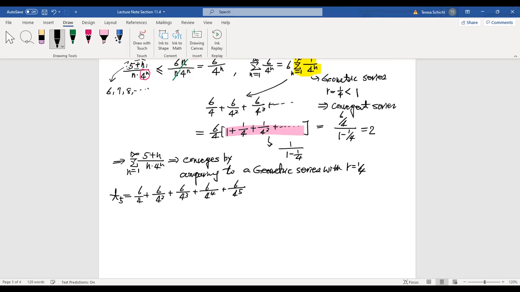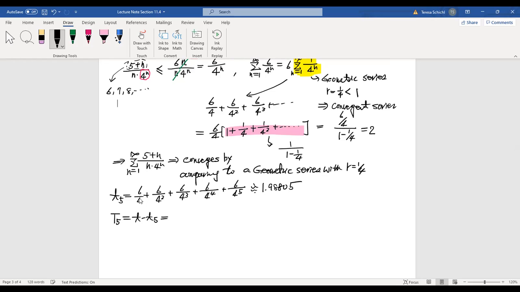That's the partial sum of this b_n. And if you put it into a calculator, it will be very close to 1.98805.